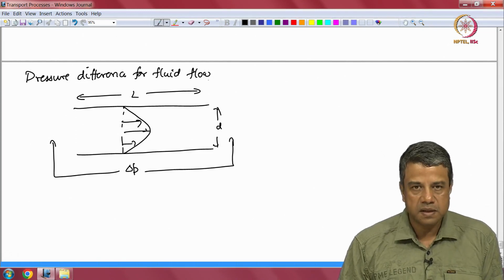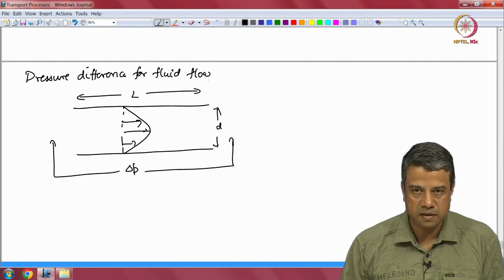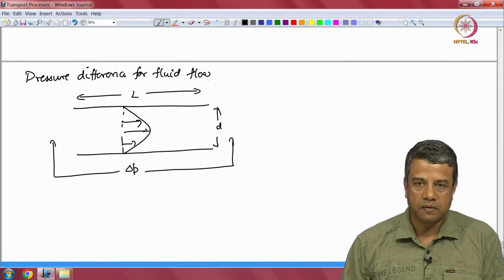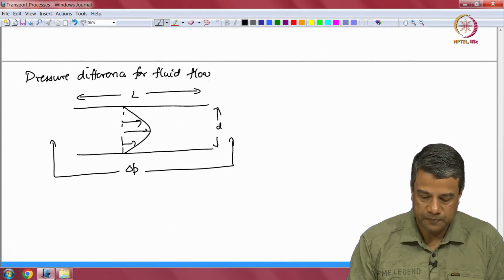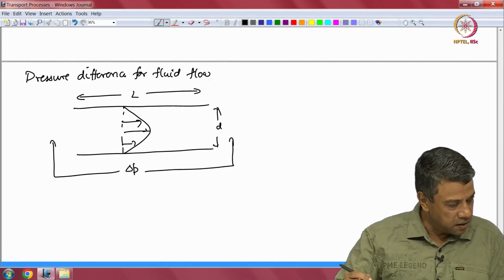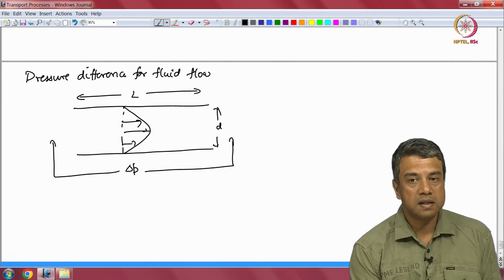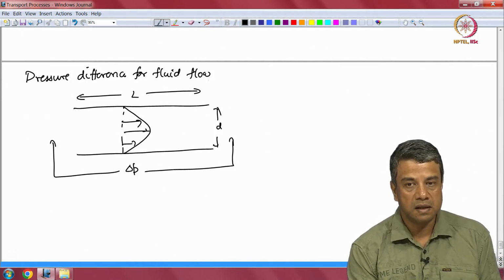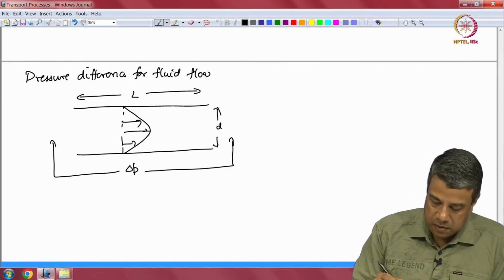Now, why is this pressure applied? That is because there is a force acting on the surface of the tube, a wall shear stress. If you want to flow fluid across a surface, there is a stress exerted on the wall. That stress is exerted in the downstream direction on the pipe, and the pipe in turn exerts an equal and opposite force in the upstream direction on the fluid.